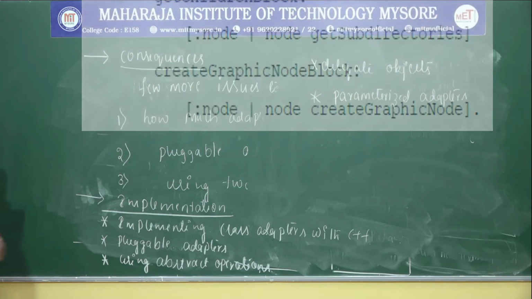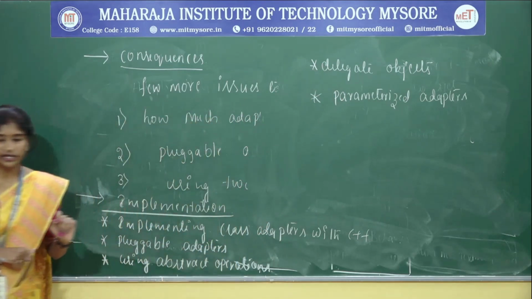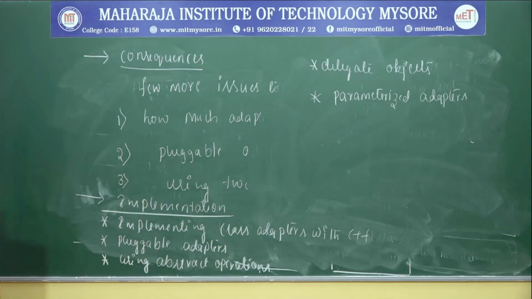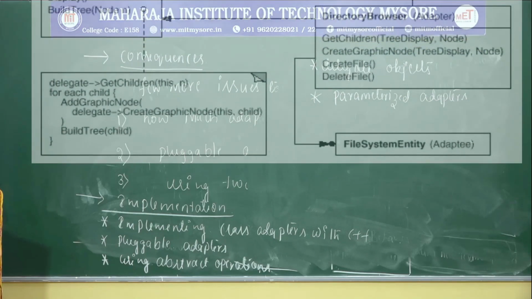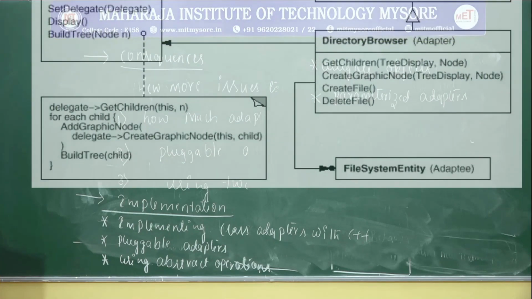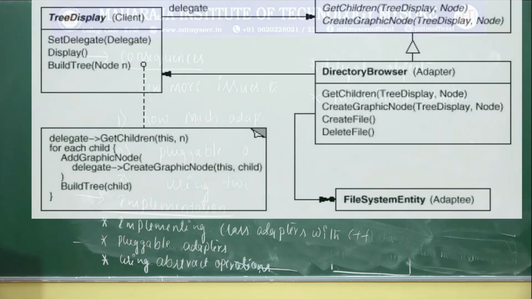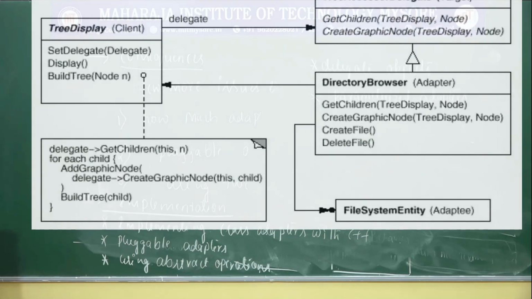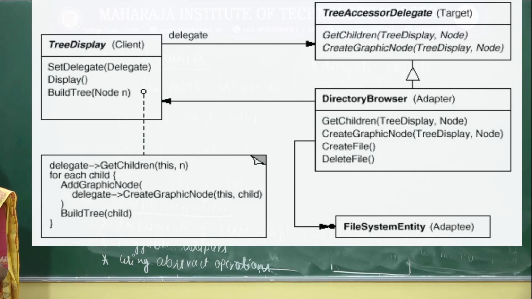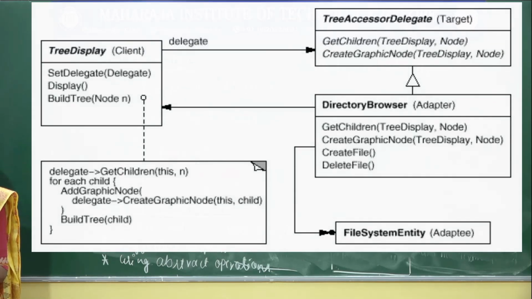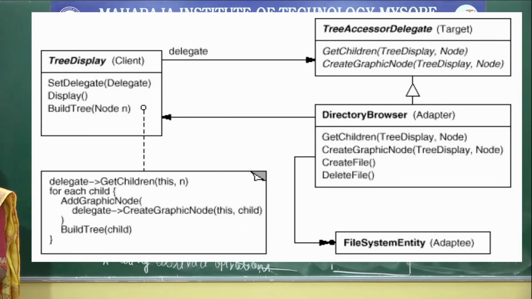And in the same way, for the delegate objects also you have got a diagram, which you can go through. You have got the tree display, which is referred to as the client, and within that you have the operations set delegate, display, and build tree node. Then the implementation part is the delegate tree, which has the implementation to retrieve the children.